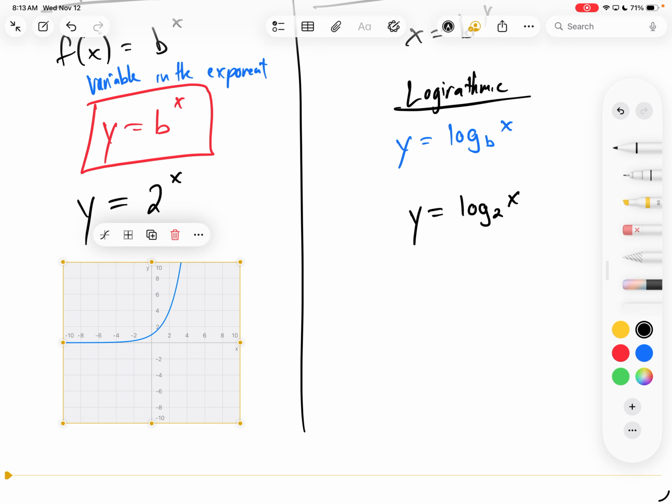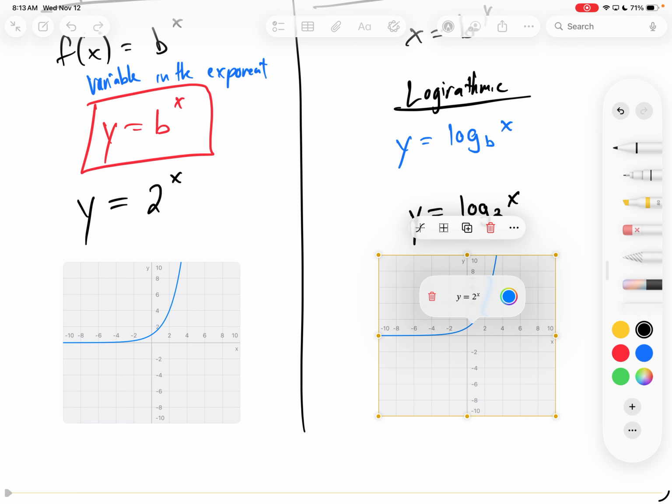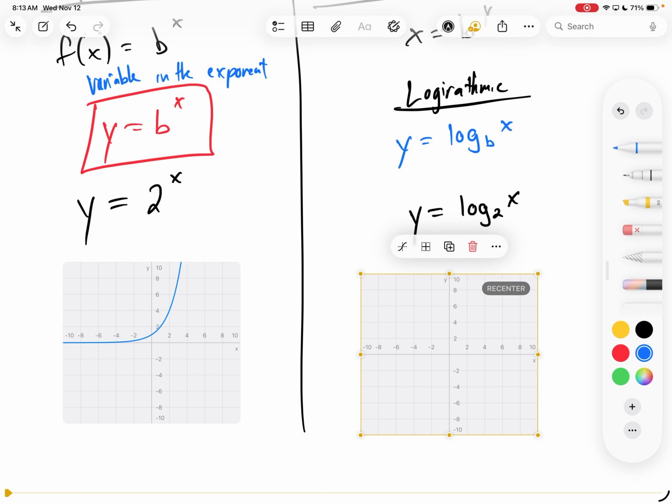That's sad. I wonder if I can do this. Edit. Ooh. Can I draw on it? Okay. I can't draw on it either. Man, we tried.